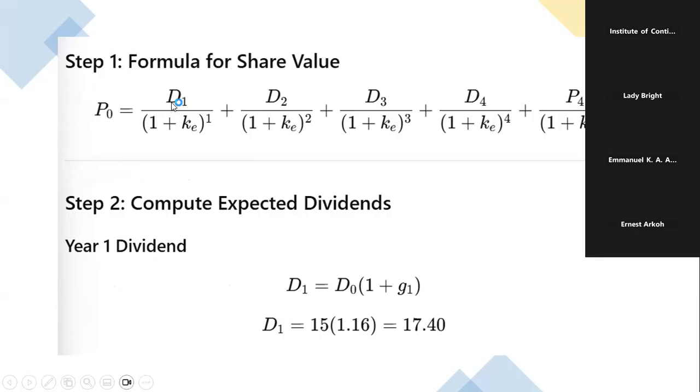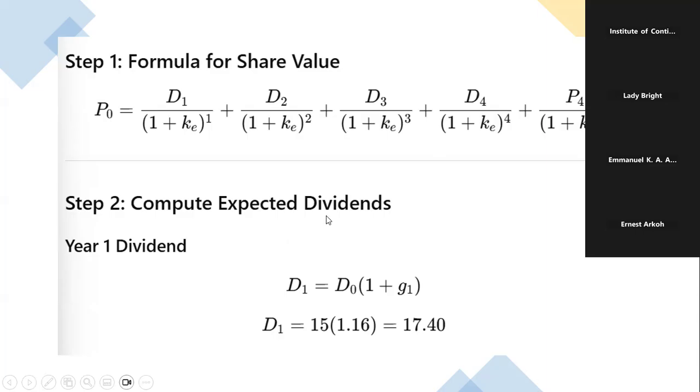This is the formula: D1, D2, D3, D4, and then the last is the price. In the fourth year, there is the price at year 4.